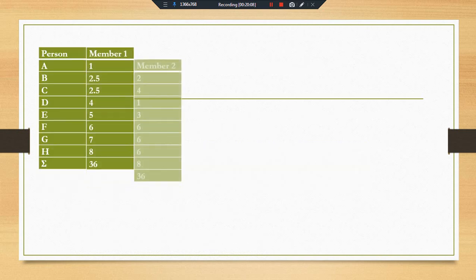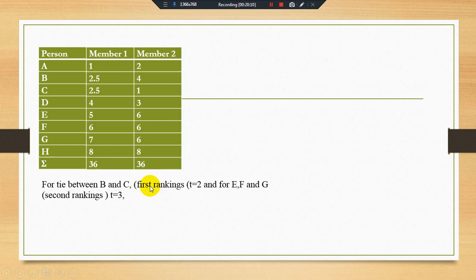Here we told you that B and C have a tie for the first member and E, F, G for the second member. So this is known as T is equal to 2, and here we have 3 ties, so this is T is equal to 3, second ranking.